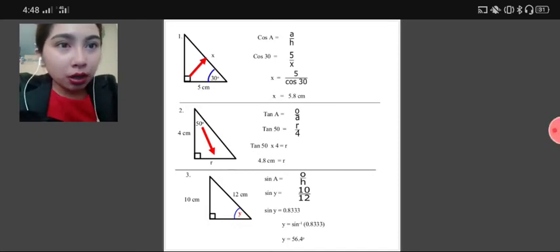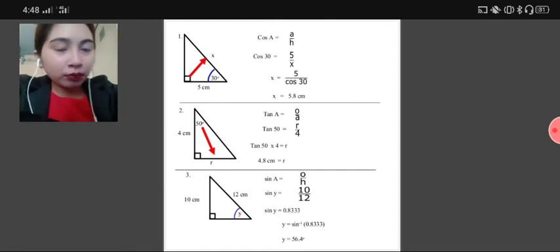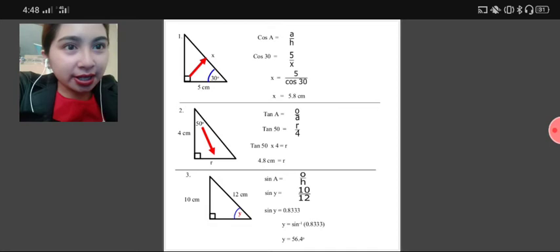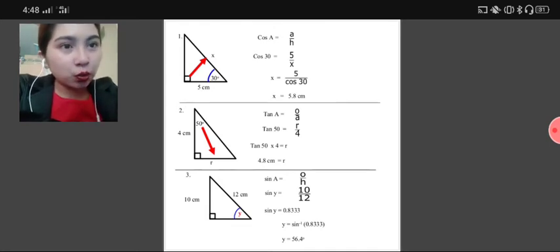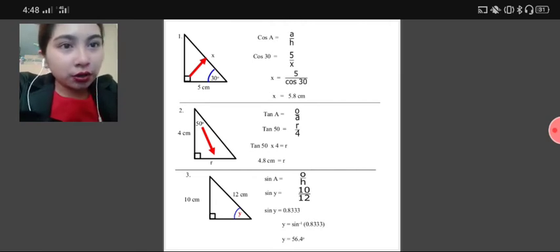Number 1. Since given na yung adjacent tsaka hypotenuse, gagamitin natin as cosine, which is cosine is equals to adjacent over hypotenuse. And yung mystery angle natin is 30 degree.